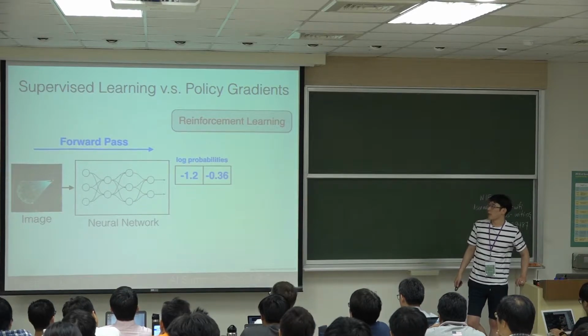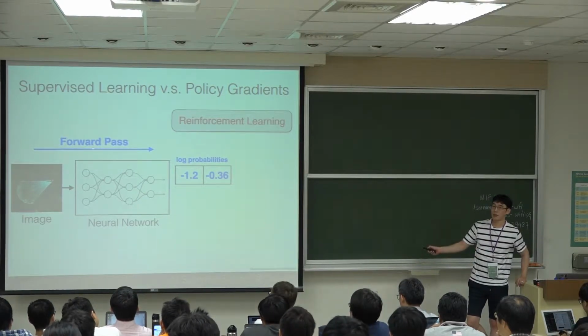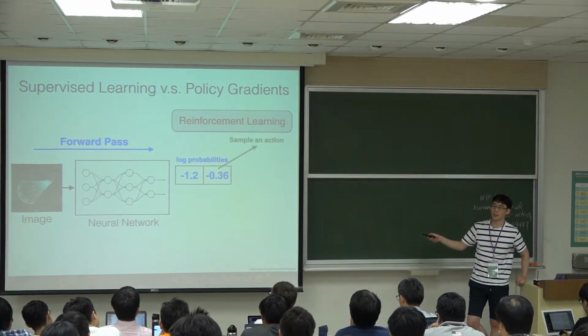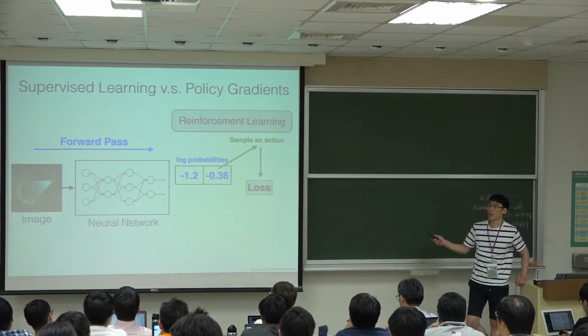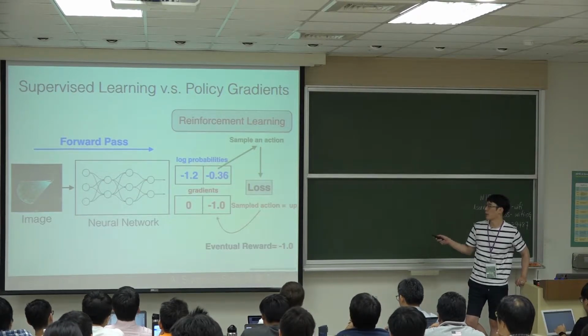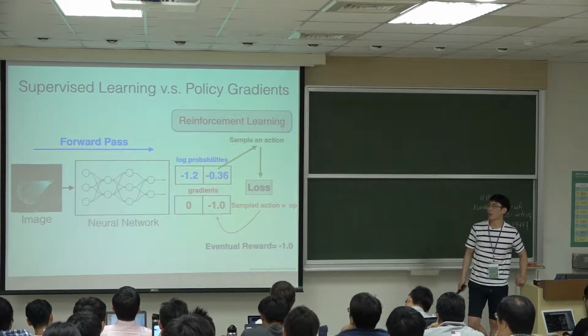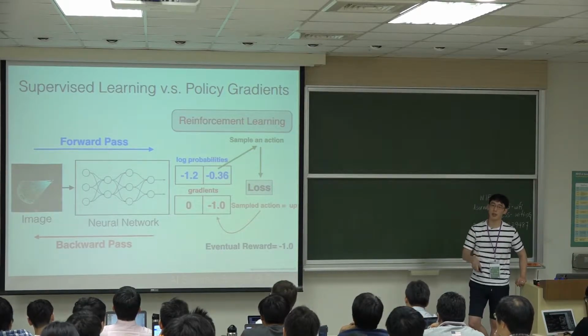So in a reinforcement learning setup, we have a forward pass, and we compute some probabilities here, and then we sample an action based on this probability. Based on this sampled action, we get the reward, and based on the reward, we compute a gradient. We do a backward pass and update the parameters.